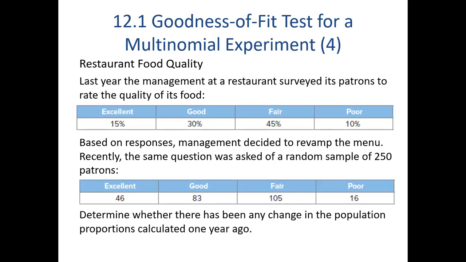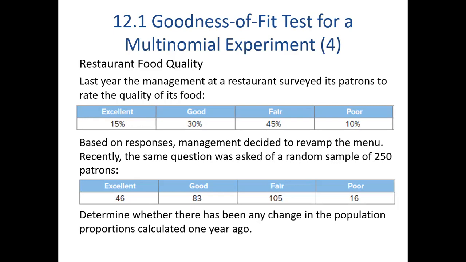Restaurant food quality. Last year, the manager at a food restaurant surveyed its patrons to rate the quality of its food. Excellent is 15%, good is 30%, fair is 45%, poor is 10% of the votes received. Based on the responses, the management decided to revamp the menu.